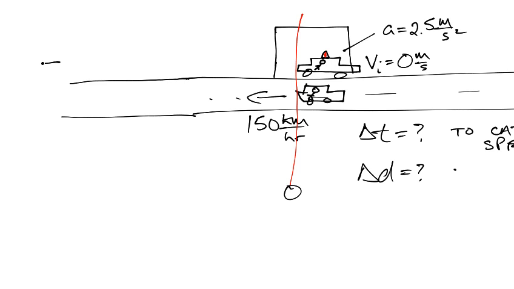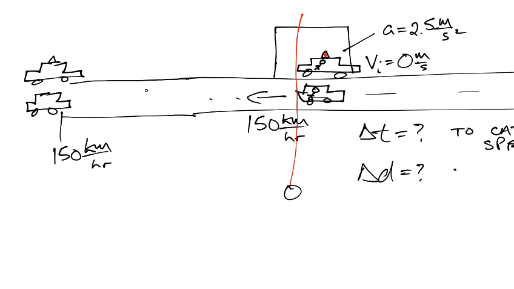But at some point, the police car and the car are going to be at the same location. But the car never changes its velocity. The car's velocity is always 150 kilometers per hour. How do we do this?